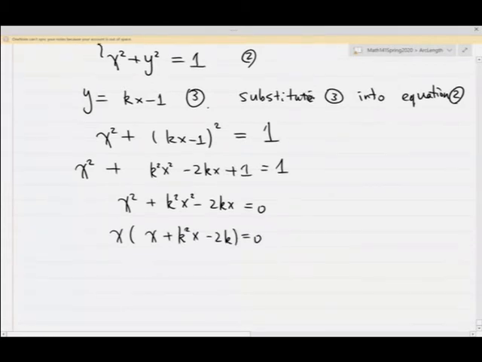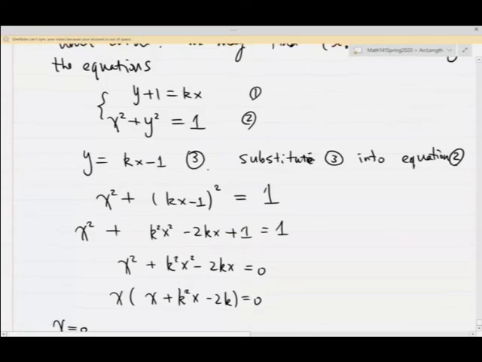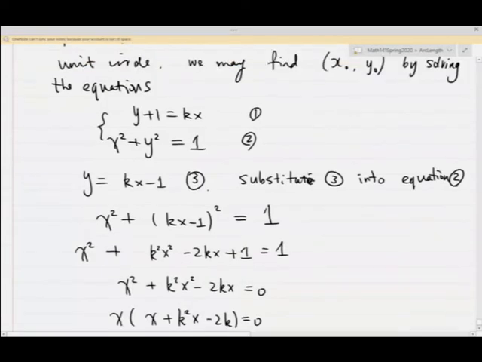Now you factor out the x. So one solution is x0. When x0, then y, sorry. The equation that I wrote is not correct.